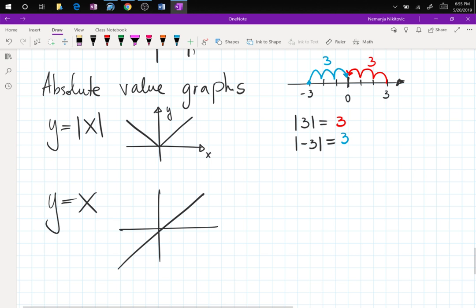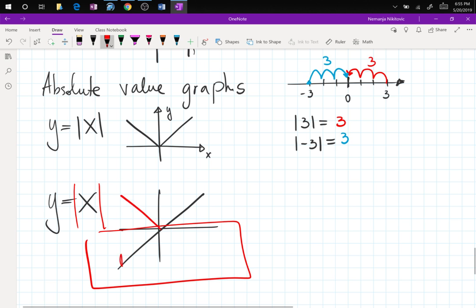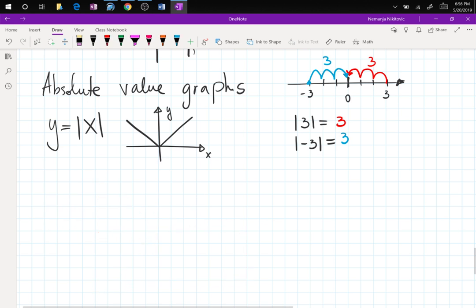But we are going to have absolute sine x, right? And I don't want you to freak out, because it is as simple. If you know the basic function without absolute values, you draw that. And then, when you put the absolute values, whatever ended up below the x-axis has to go up. And you kill it. So now, knowing this, what is the graph of y equals absolute sine x?